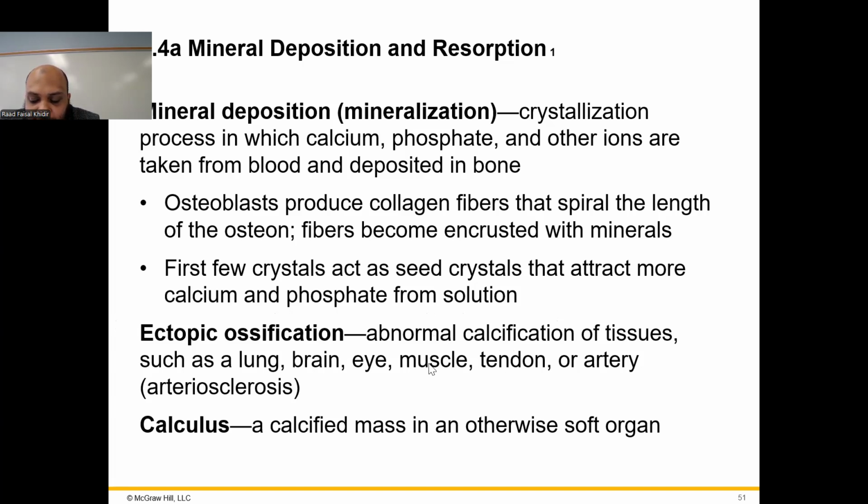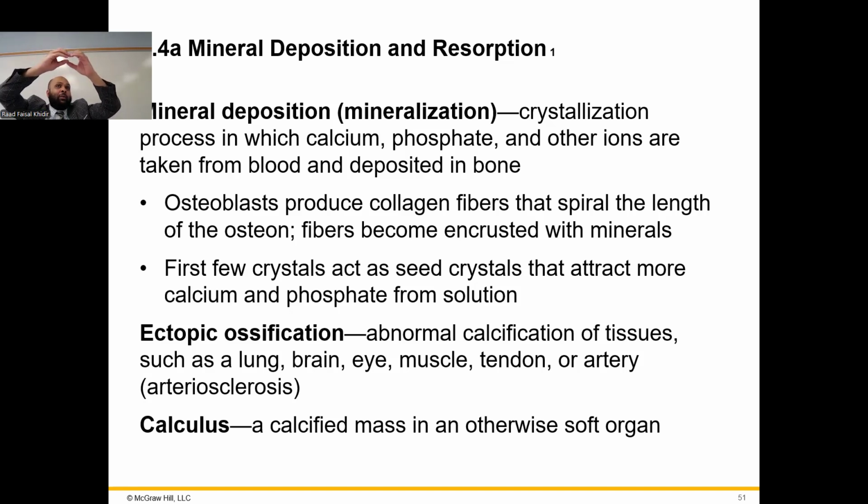In ectopic ossification, you would have this abnormal calcification of the tissues, such as abnormal calcification of lung, brain, eye. You know, sometimes the valves in your heart get calcified. So when the valves in the heart get calcified, that's stenosis. They get narrower. So now what problem is that? That means your heart has to pump harder now to, exactly.